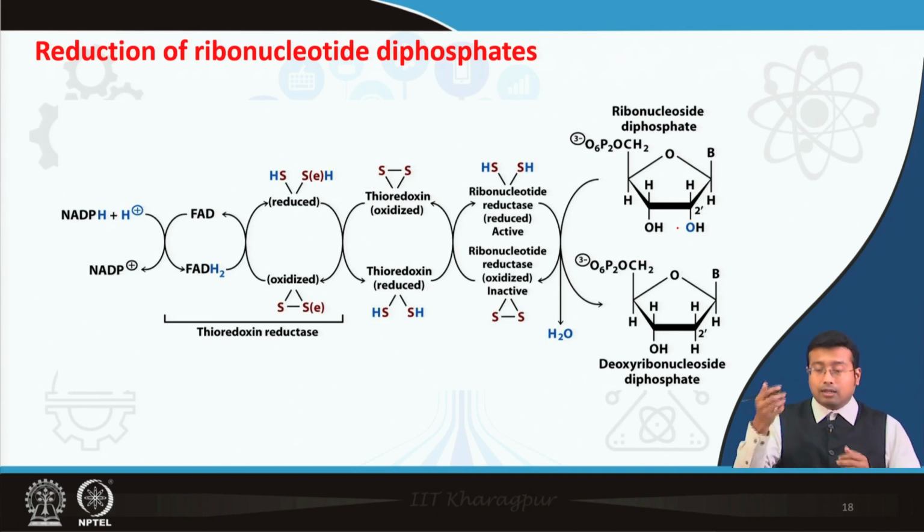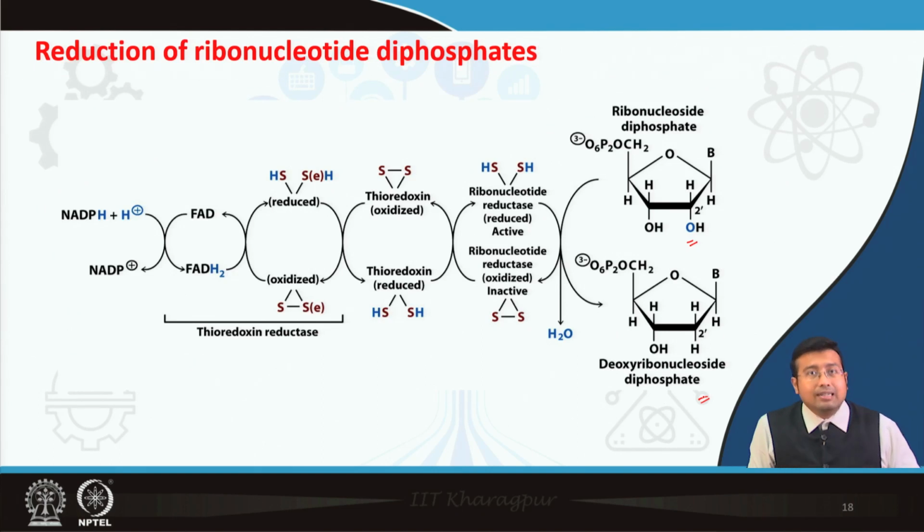You see, what does ribonucleotide diphosphate reductase actually do? It simply removes this oxygen from the 2' position and converts this ribonucleotide diphosphate to deoxyribonucleotide diphosphate. A water molecule is removed. It is done by the enzyme, as I told you, ribonucleotide reductase.